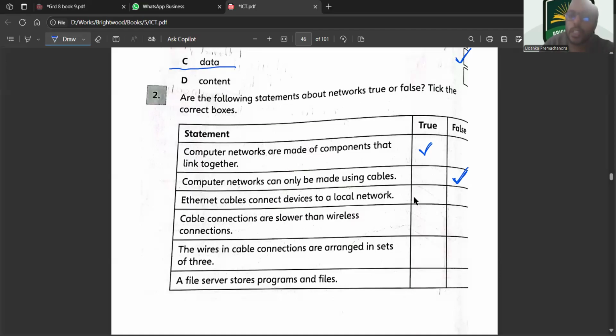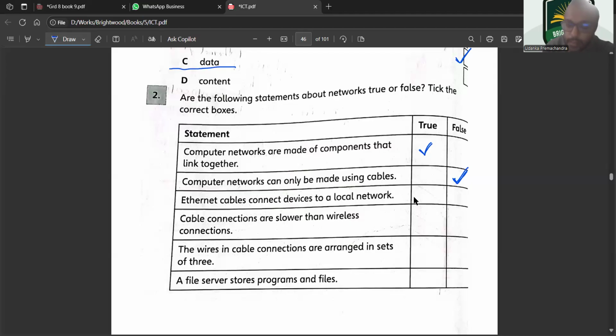Sometimes networks are created using routers, with no wires. Bluetooth and other connectivity can be used between them. Sometimes they have wired and wireless. Cables and wires are not always needed. Sometimes they have wireless connectivity. So it should be false.